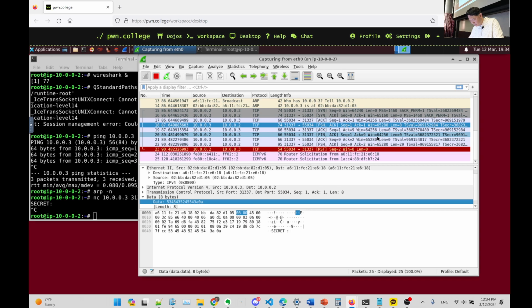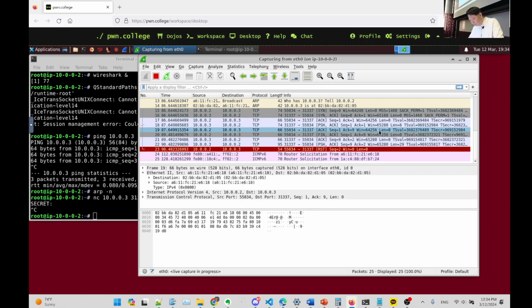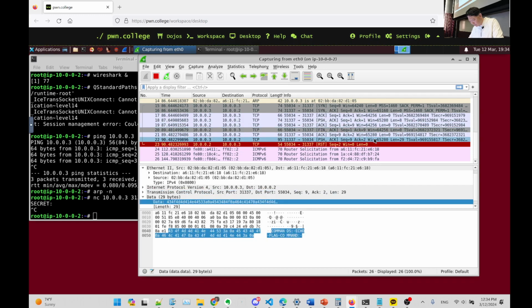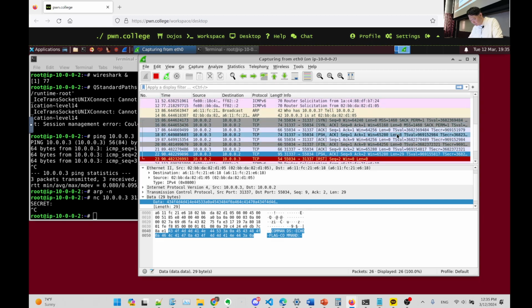So after this transmission, the ACK is going to be accumulated with the size of this length, right? In the ACK number, here you can see the 9, okay, and then the length again 0, and here the length 29, right? So the 29 will be added, accumulated with the acknowledged number, like this 8.